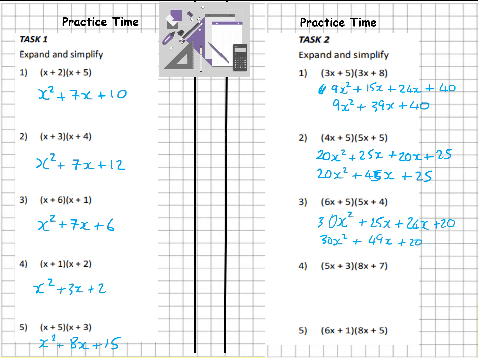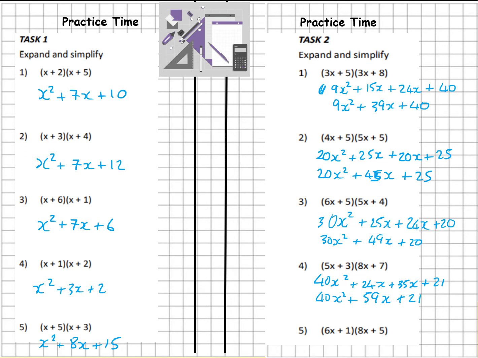And the second last one then is going to be 40x squared plus 24x plus 35x plus 21, which is 40x squared plus 59x plus 21.